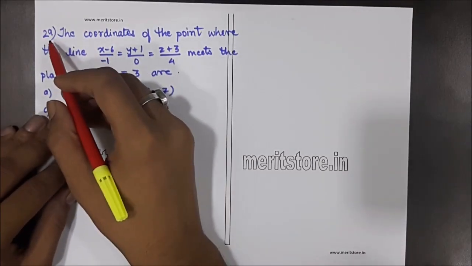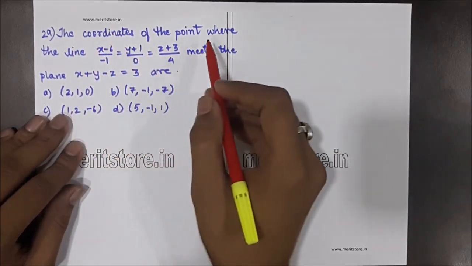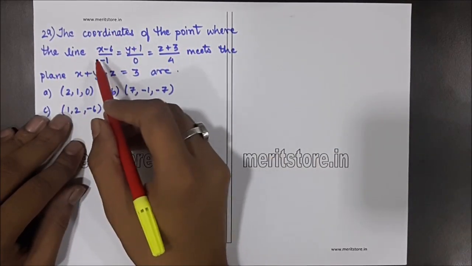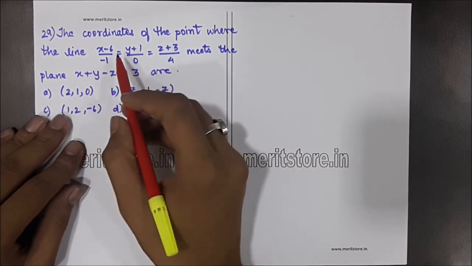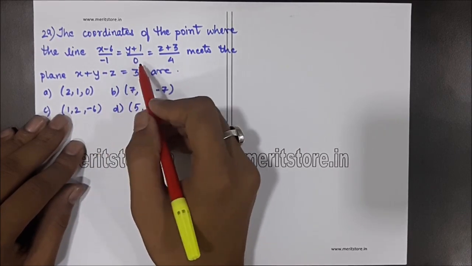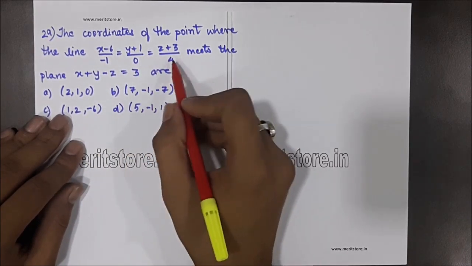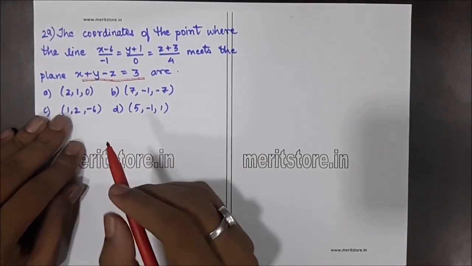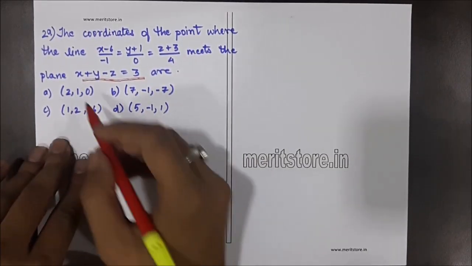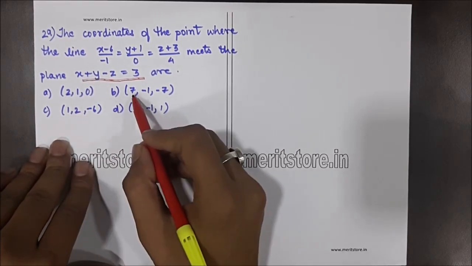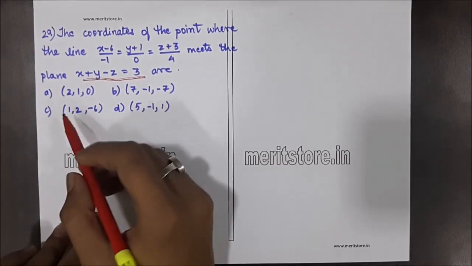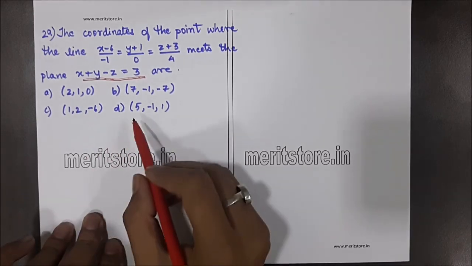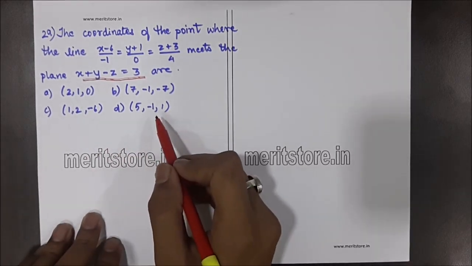Question number 29. The coordinates of the point where the line (x - 6)/(-1) = (y + 1)/0 = (z + 3)/4 meets the plane x + y - z = 3 are: options (2, 1, 0), (7, -1, -7), (1, 2, -6), (5, -1, 1).